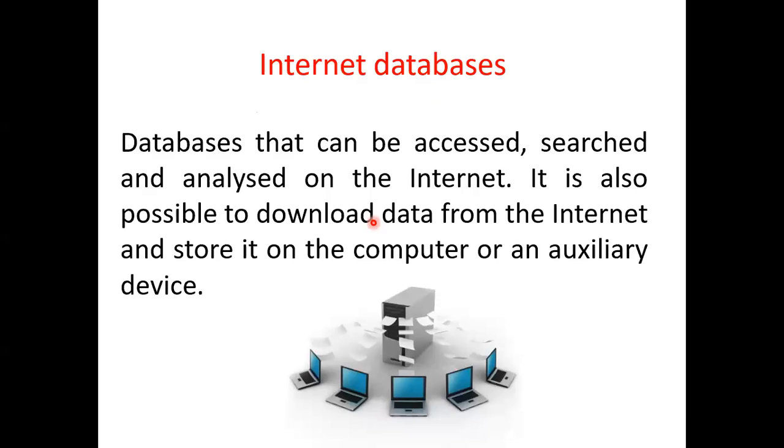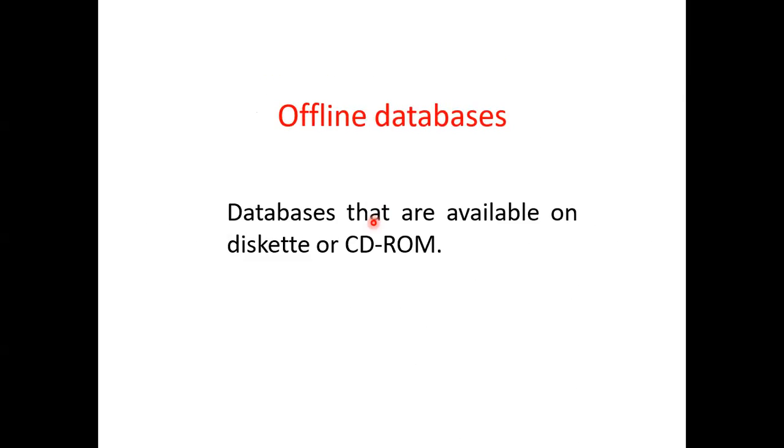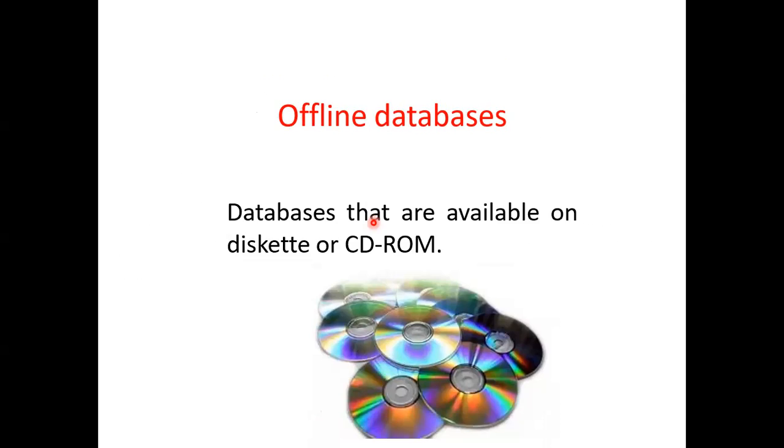Here you have several, which I'll show you later. But you also have offline databases that are on diskette or on CD-ROM, for example, of organizations. So you can request these to be sent to you if you know where they are.